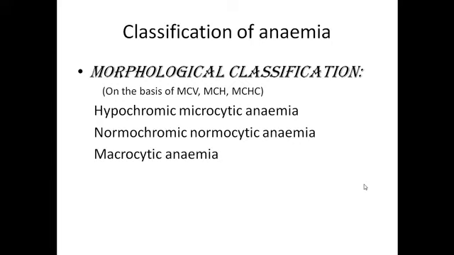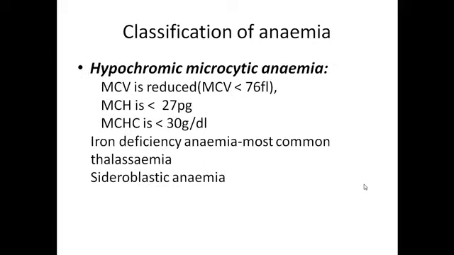And classification of anemia, as we know, is morphological, on the basis of MCV, MCH, MCHC. In my previous class, we discussed a lot regarding anemia classification: microcytic hypochromic anemia, normocytic normochromic anemia, and macrocytic anemia. We know the causes of all of these. Microcytic hypochromic is more important.